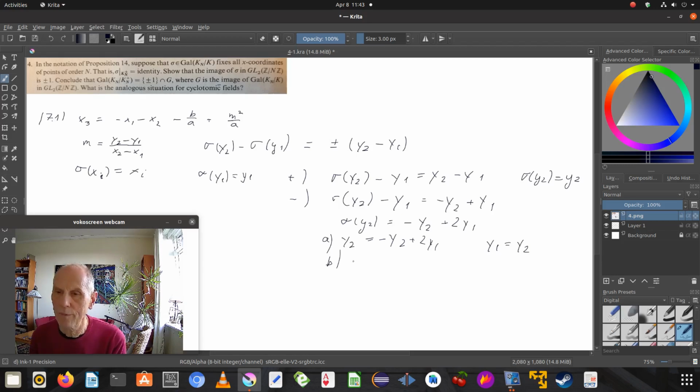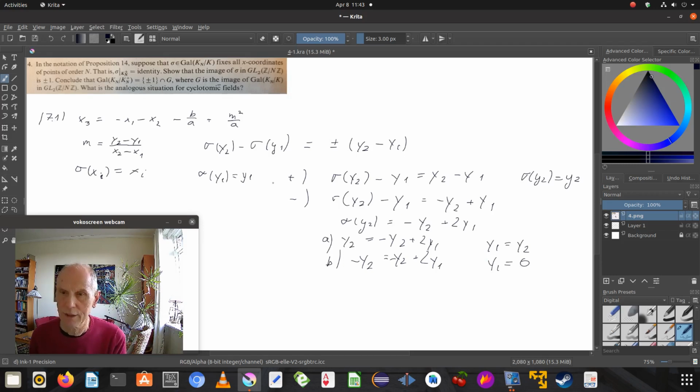Or sigma, which is minus y1, minus y2, in which case y1 is naught. And then the change of sign of y1 is arbitrary. It can be the same as y2.